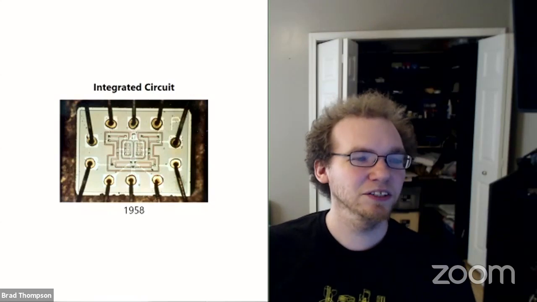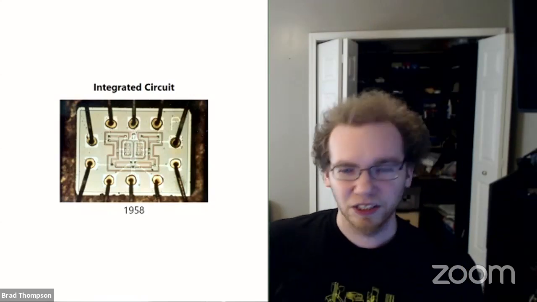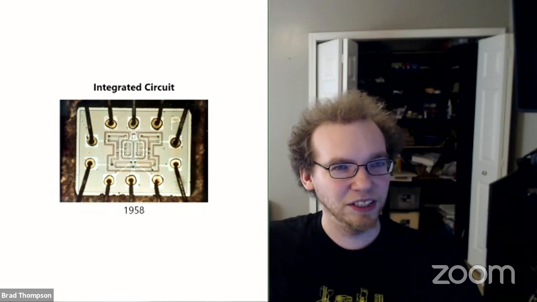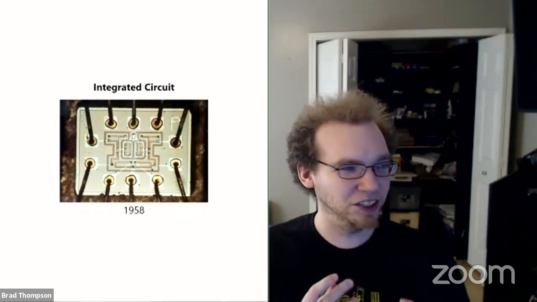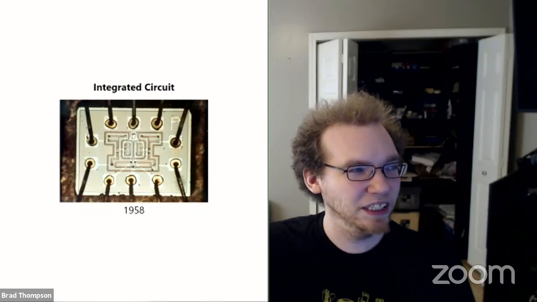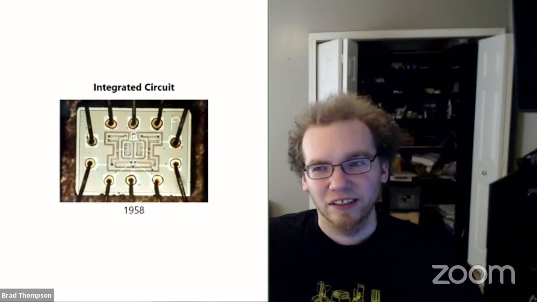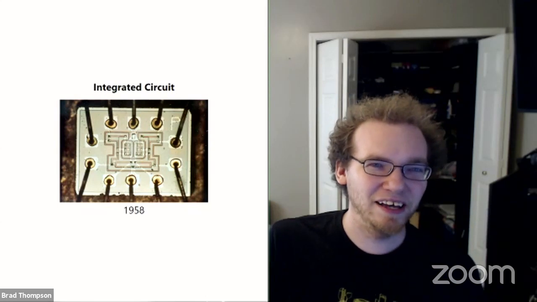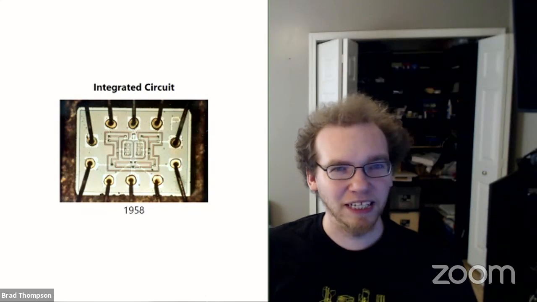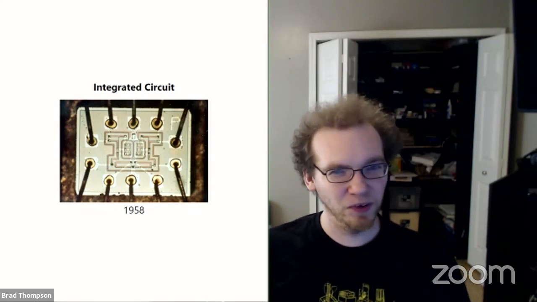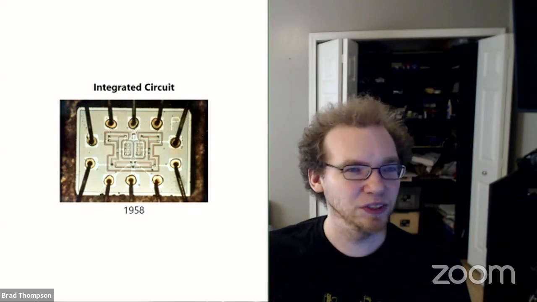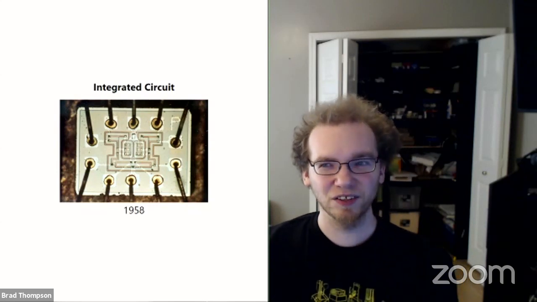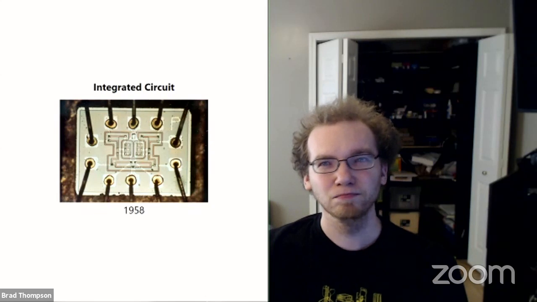So we get into integrated circuits, 1958, which are basically transistors that perform some common function like logic gates or tiny bits of memory or counters or arithmetic logic units, or things that do the math that we've been working on building circuits to do, and putting them all in a tiny little package that you can just plug into a breadboard or a circuit board or something and use out of the box, right? So you don't have to reinvent the wheel every time you want to build a circuit.